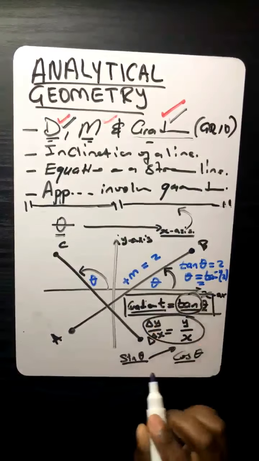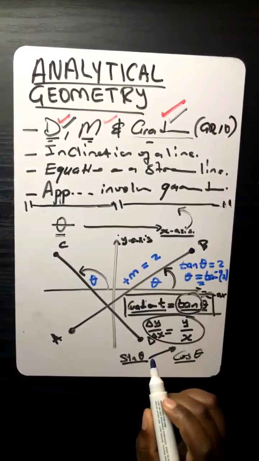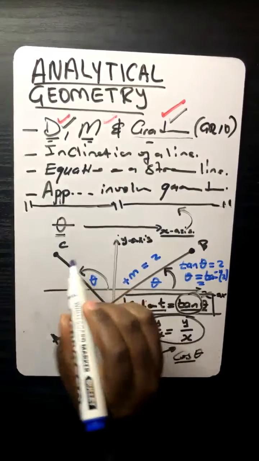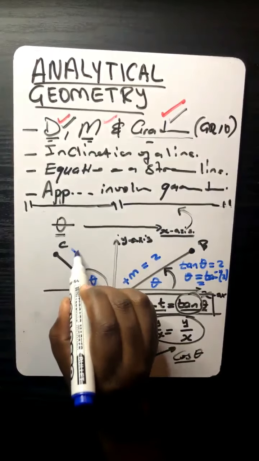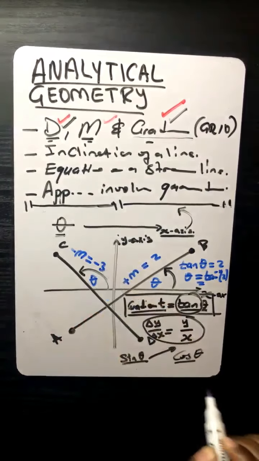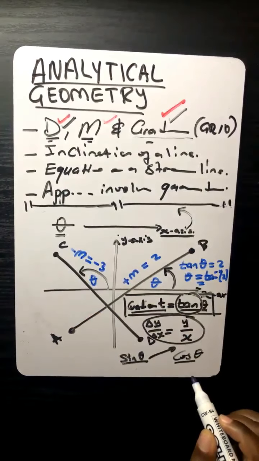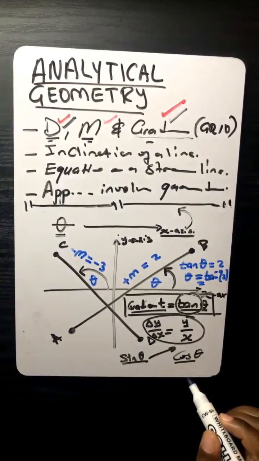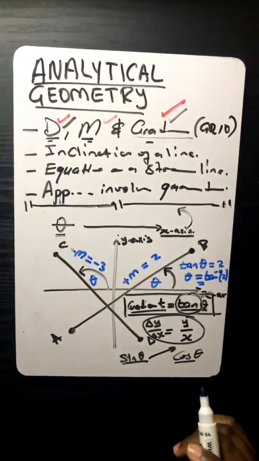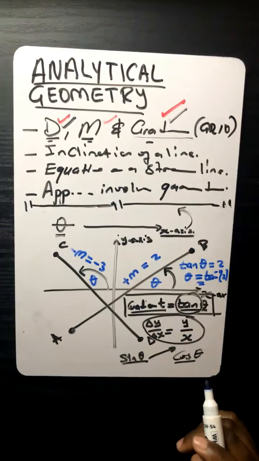And again, ladies and gentlemen, you just need to be careful about what happens when you calculate with a negative gradient. Let's say maybe it's negative 3. When you calculate the angle for a line which has a negative gradient, there's a trick in that one.